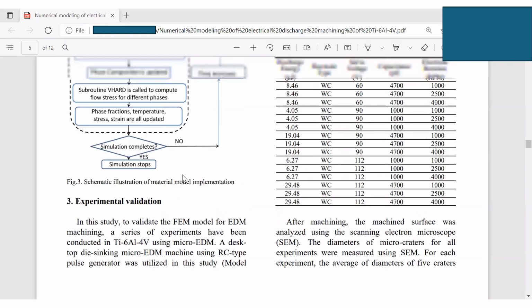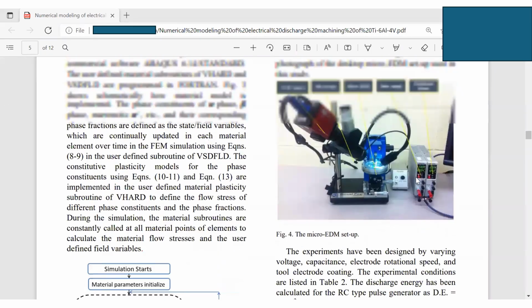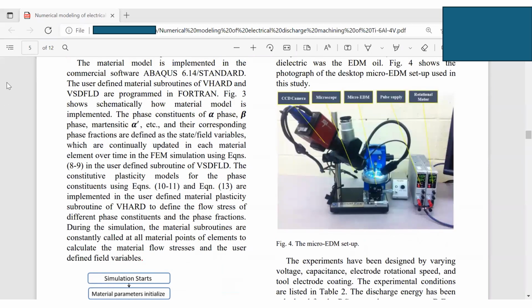So, experimental validation. Last time I told you, whenever we do the numerical simulation of any physical process, first you finish your model, and you need to do the convergence test to make sure your simulation results are reliable. Reliable means that it will not change if you change the mesh.